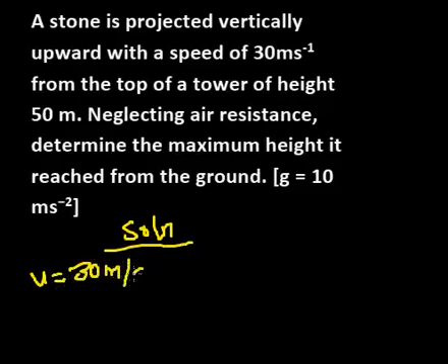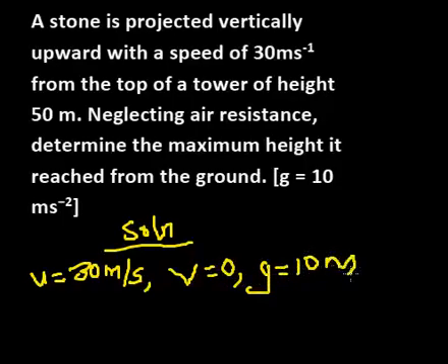You do well to write that the final velocity at the maximum height, because it definitely will get to maximum height, is equal to 0, and you also do well to write the g down. All these are necessary so that you can easily pick the formula that you will use. From the top of a tower 50 meters high.